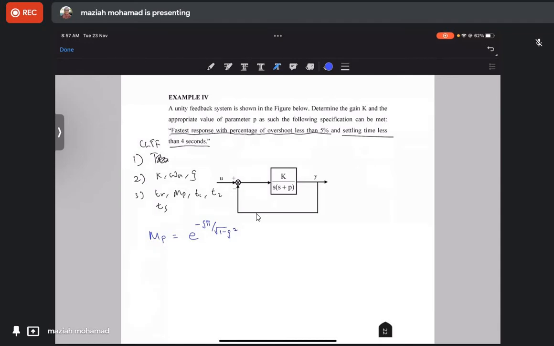If you multiply by 100, it will be a percentage.